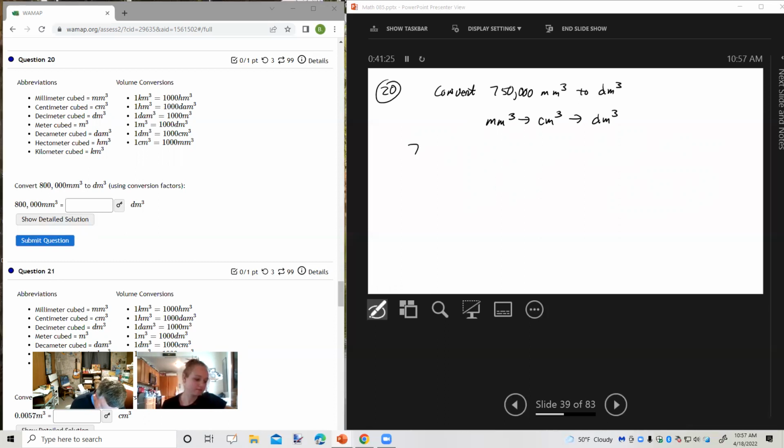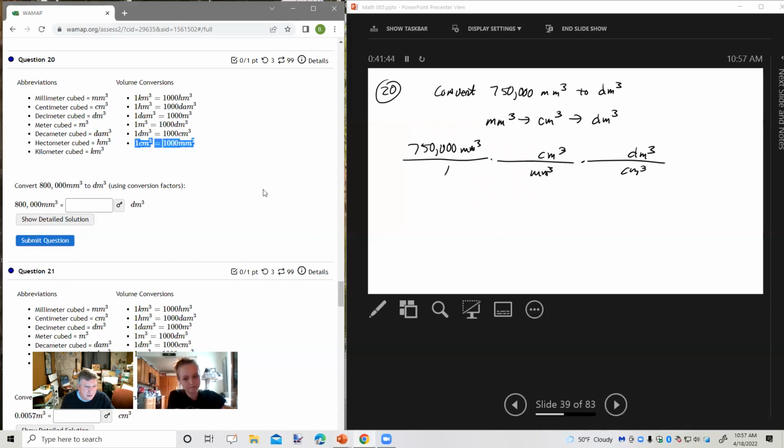So I've got 750,000 cubic millimeters to cubic centimeters to cubic decimeters. And 1 cubic centimeter is 1,000 cubic millimeters. So 1 over 1,000. And then 1 cubic decimeter is 1,000 cubic centimeters. So 1 over 1,000.